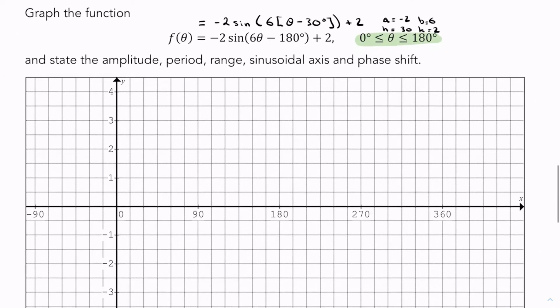Okay, going back to our graph here. So for sine, remember the original goes something like this. Not quite, something like this.